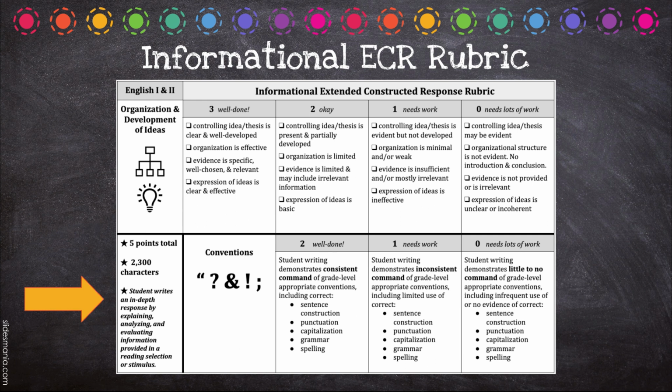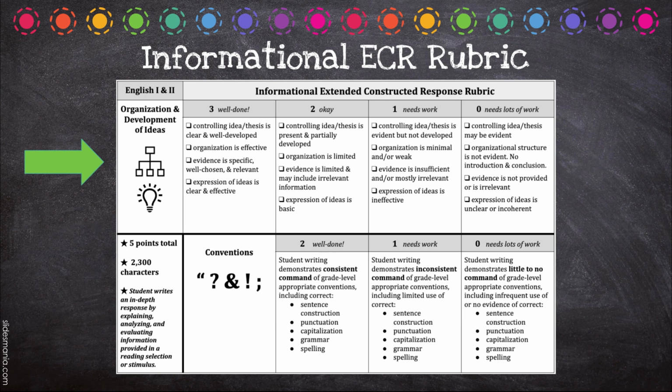As you can see, for development and organization of ideas, there are 4 areas that your essay will be graded on: the thesis, organization, evidence, and expression of ideas. To be awarded 3 full points, effective essays have a clear, well-developed thesis, effective organization, specific, well-chosen and relevant evidence, and clear and effective expression of ideas.